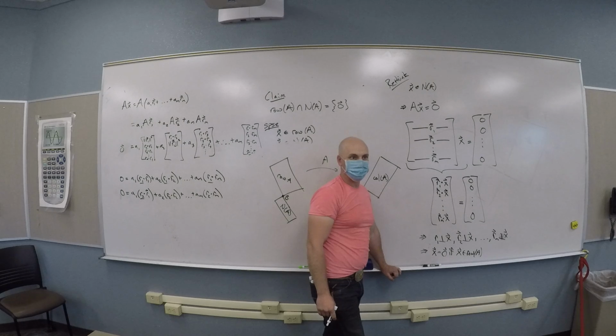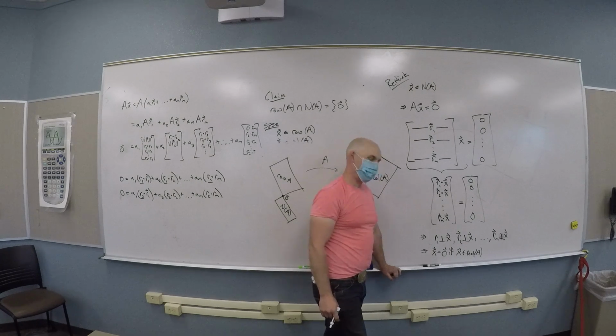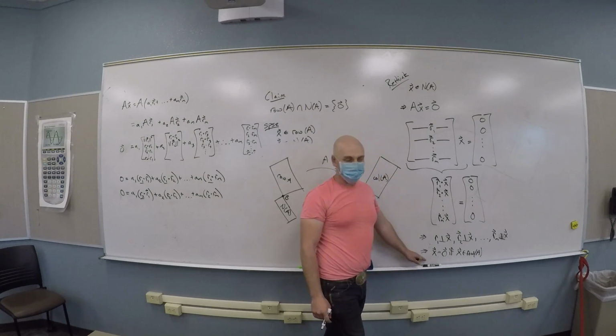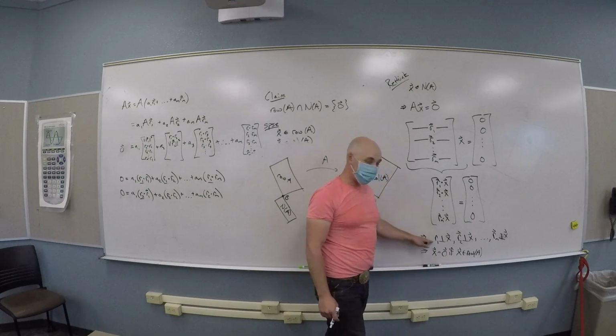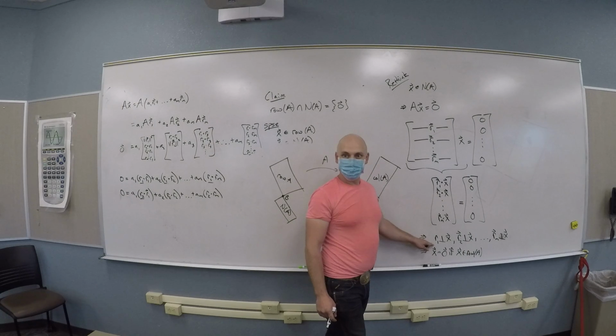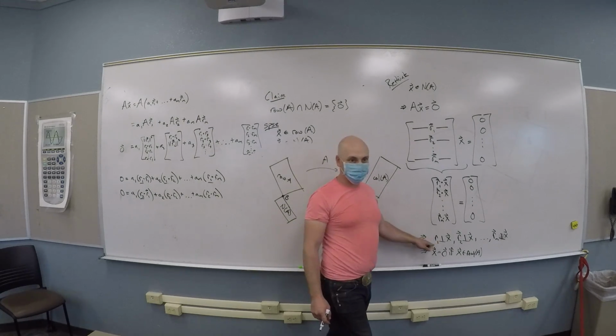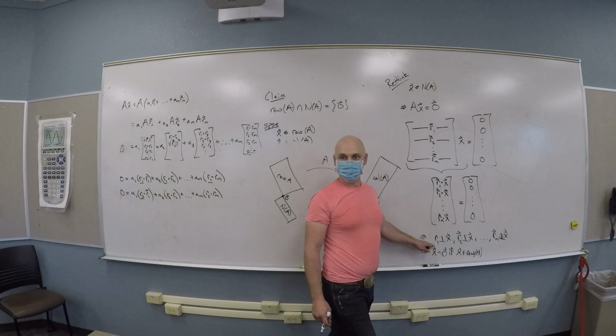That was the punchline of this. But this seems more important. The thing I got for free is that the null space is perpendicular to the rows.